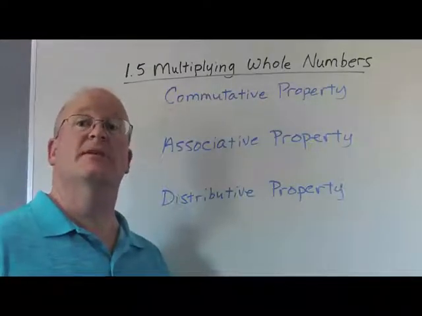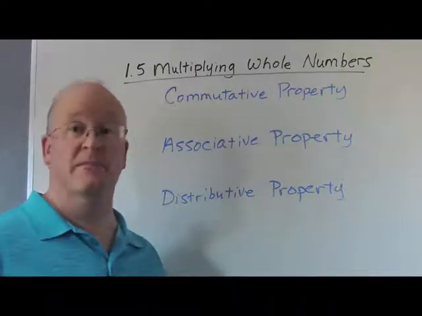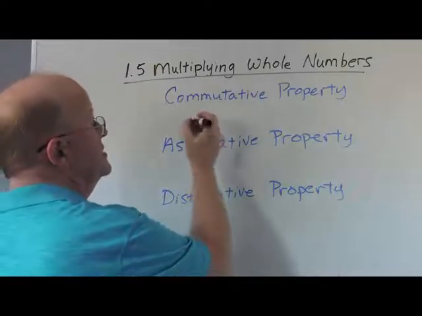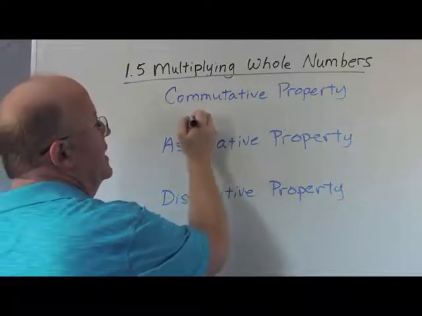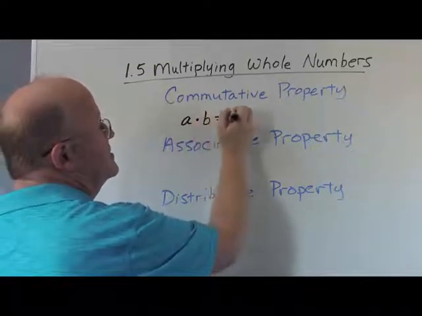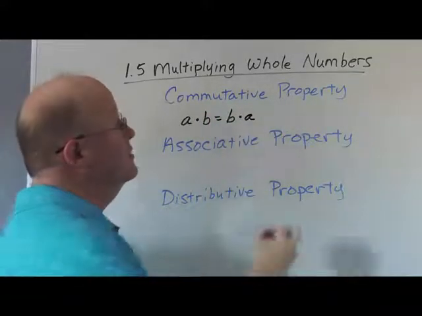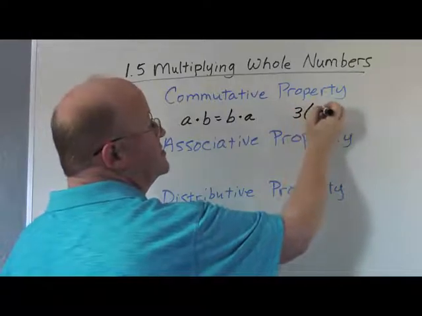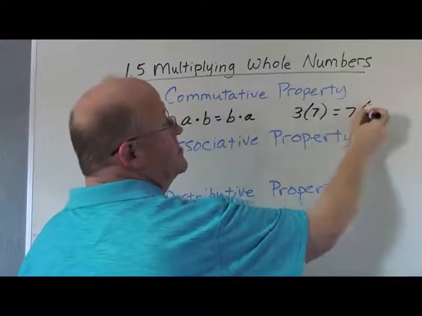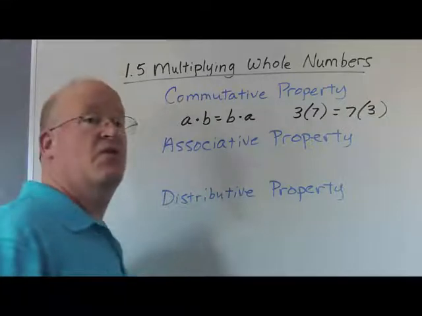Now let's specifically talk about the commutative property of multiplication. Basically it says if you have A times B, that is the same as B times A. If I use numbers, that would mean 3 times 7, for example, is equal to 7 times 3.